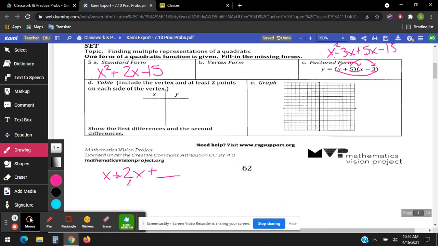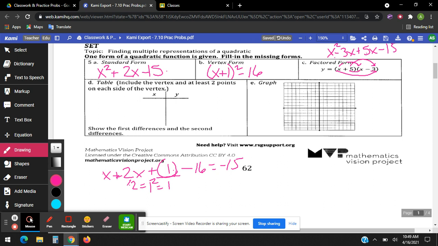I'm going to divide the 2 by 2 to get a 1. 1 squared equals 1. So my vertex form is x plus 1 squared, and that gets me a 1, but I have to get down to negative 15, so that's a minus 16, because 1 minus 16 equals negative 15.